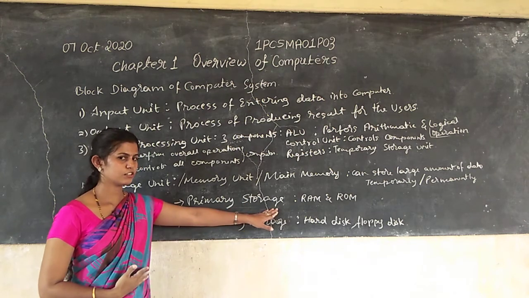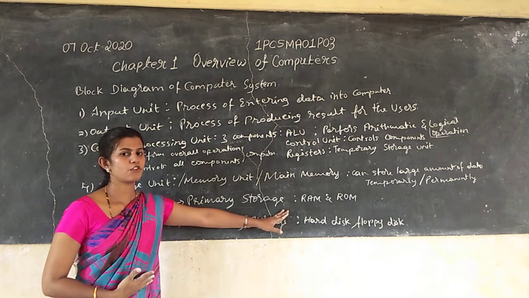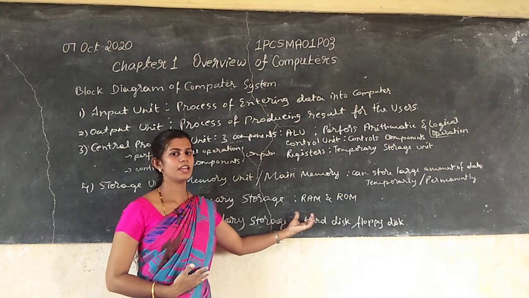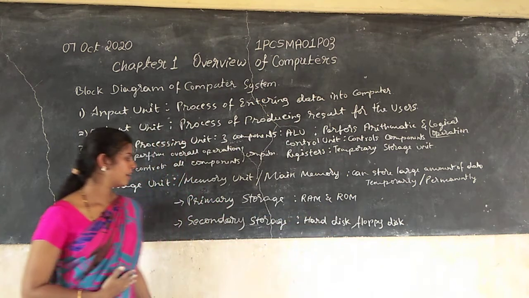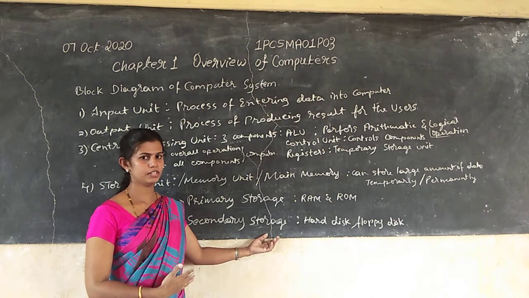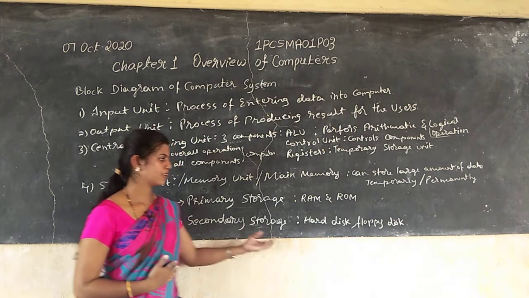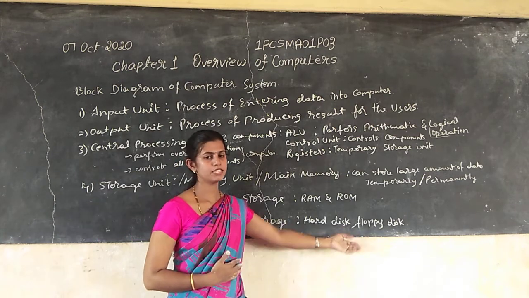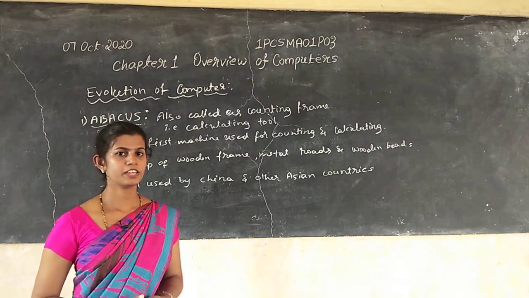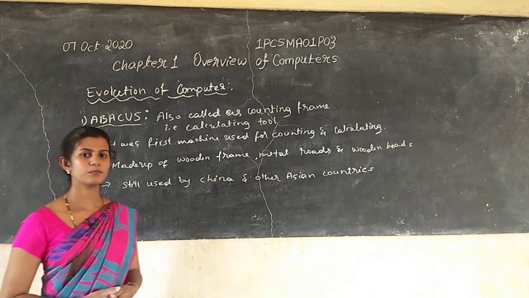Primary storage is also known as the main memory of the computer, which consists of random access memory and read only memory. And secondary storage is the extra storage unit, for example hard disk, floppy disk, magnetic disk, etc.